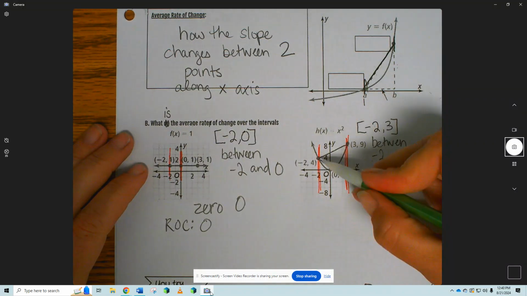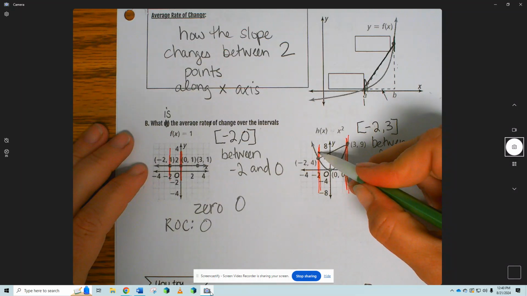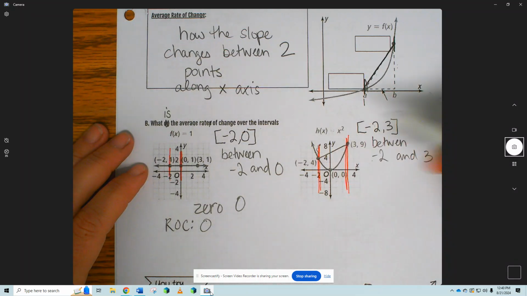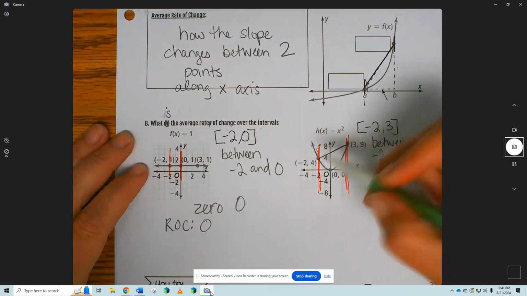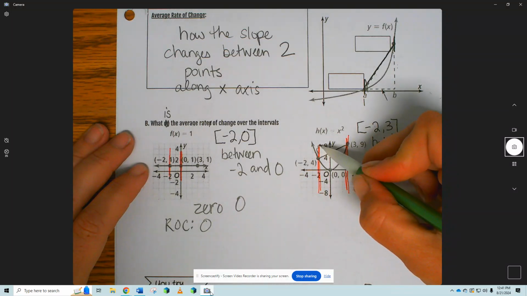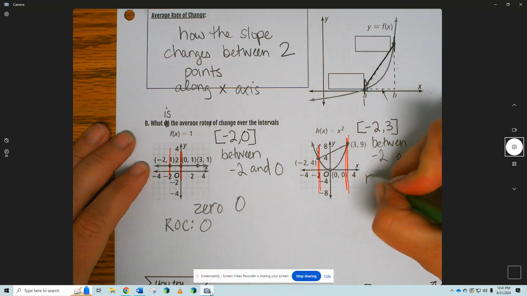Okay, ready? Rise. 2, 4, 5. That's 9, isn't it? Do you guys see how I started here? I went up 5. Everybody clear on that? Look at yours. You went up 5 to get to 9, right? Yeah. My rise is 5.